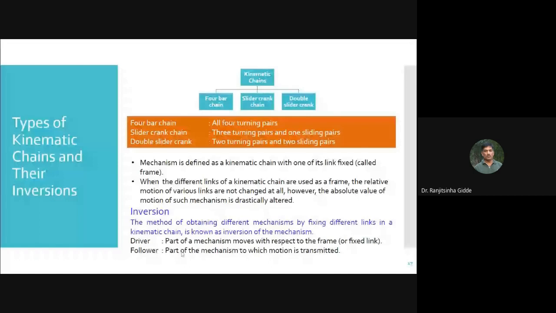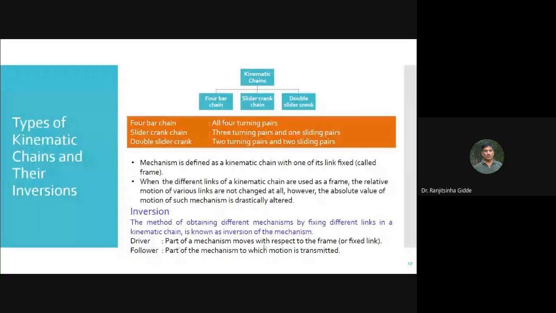So what is driver? Part of mechanism that moves with respect to the frame. That is called a frame, means fixed link. And what is follower? Part of mechanism to which motion is transmitted.